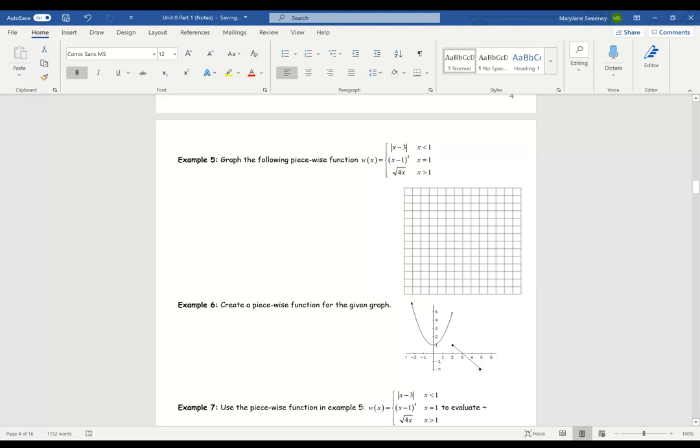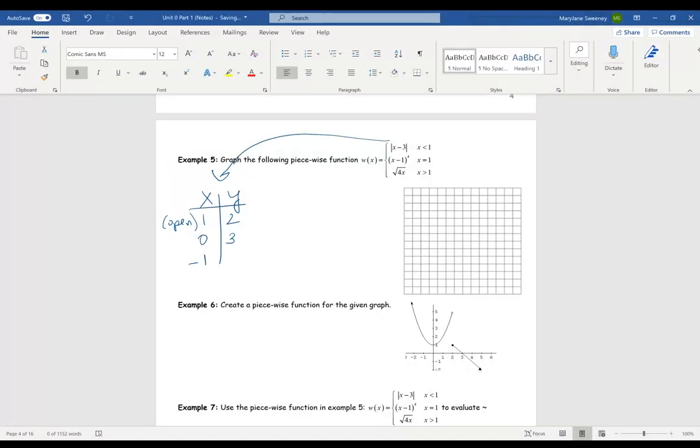Okay. So the next one, and again, you don't necessarily have to do a table of values, but I don't know if you want to. Less than 1 means you start at 1 with an open circle, then go less than 1, so 0, negative 1. 1 minus 3 is negative 2, but the absolute value would be 2. 0 minus 3 is negative 3, the absolute value is 3.